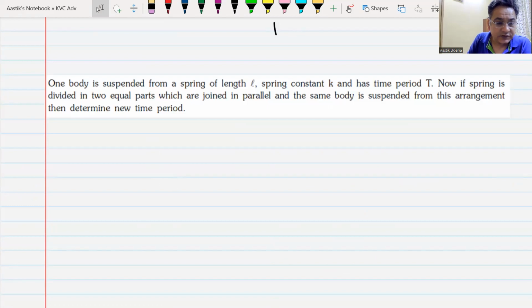One body is suspended from a spring of length L, spring constant K, and a time period T. Now, if the spring is divided into two equal parts which are joined in parallel, and the same body is suspended from the arrangement, what would be the time period? We have to give the answer in terms of the original time period. You understand this question?